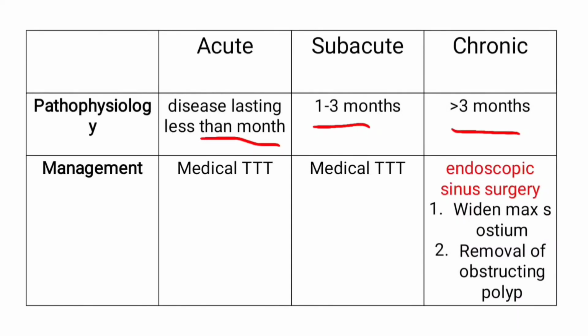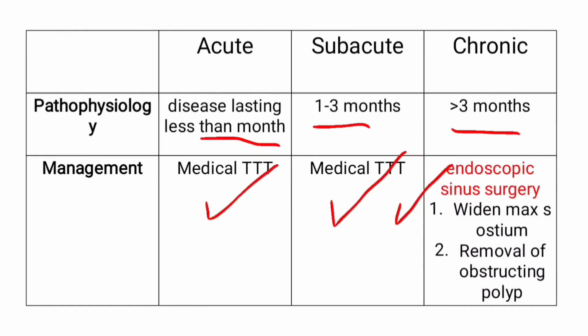Usually the acute and subacute conditions respond well to medical treatment, with full resolution of the condition or turning into a chronic condition in case of improper treatment. In the chronic condition, we can start with medical treatment, but usually the condition requires endoscopic sinus surgery to widen the maxillary ostium.